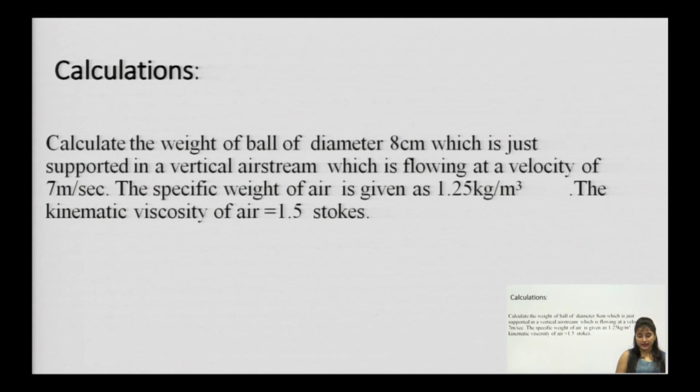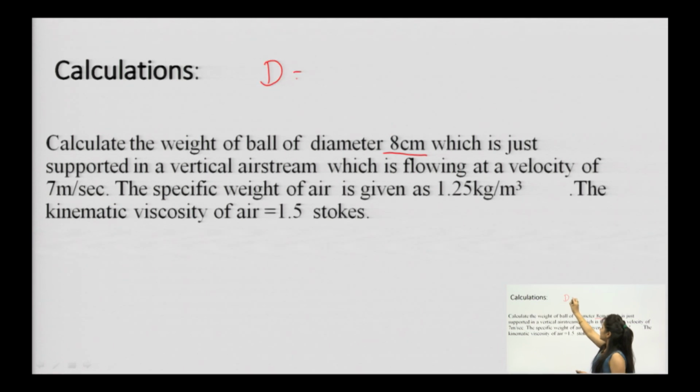Coming to the calculations, we will be doing one basic numerical, on how we calculate these things after applying engineering and science principles. Let us read the numerical. Calculate the weight of a ball of diameter 8 centimeter.